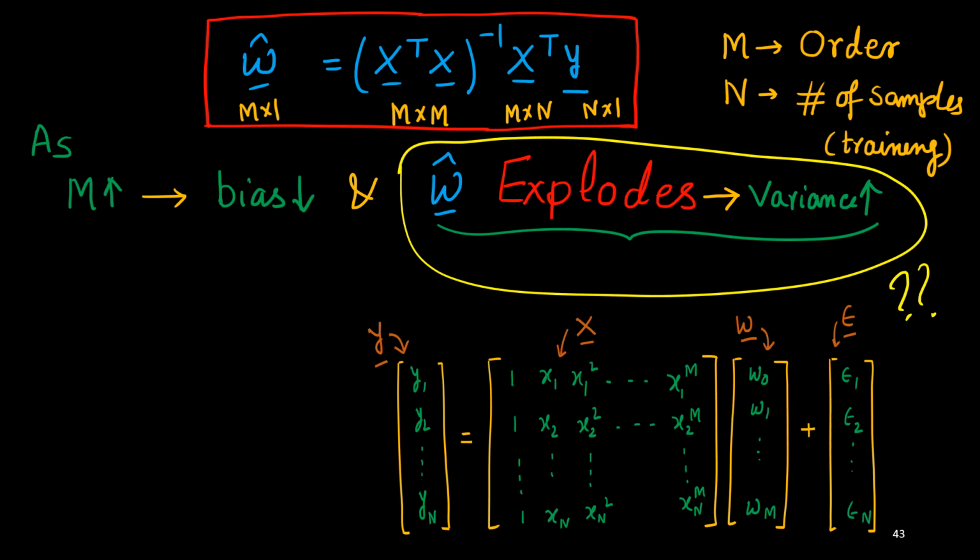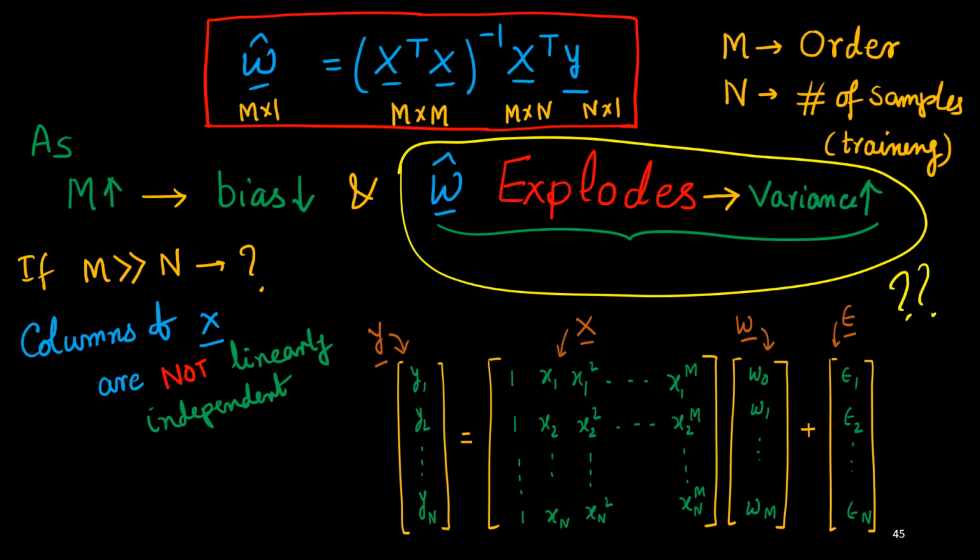So when this capital M is too large compared to this capital N, obviously, compared to the number of rows, the number of columns will be very large. And you see in this matrix, whenever the number of rows is very small compared to the number of columns, you will see these column vectors become linearly dependent.